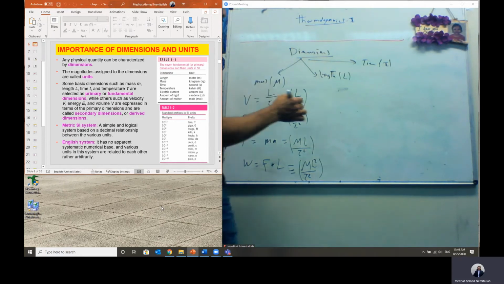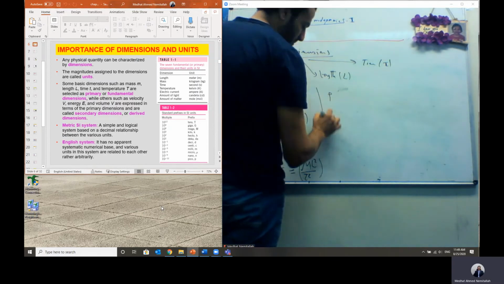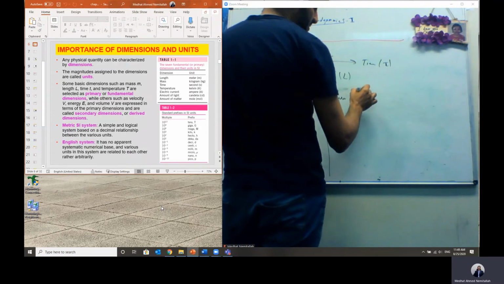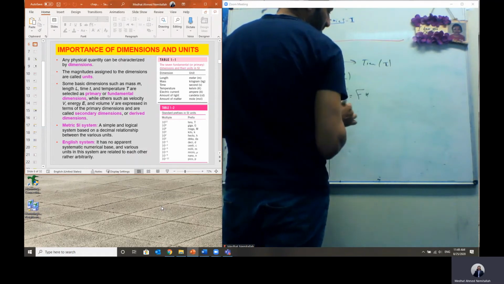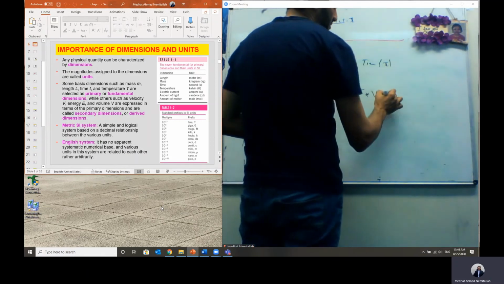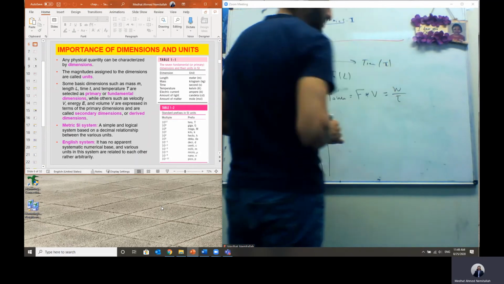Like this also we can define the dimension of the term, which is the power. The power is actually the force multiplied by velocity, or it is the rate of work done. It is the work divided by time.